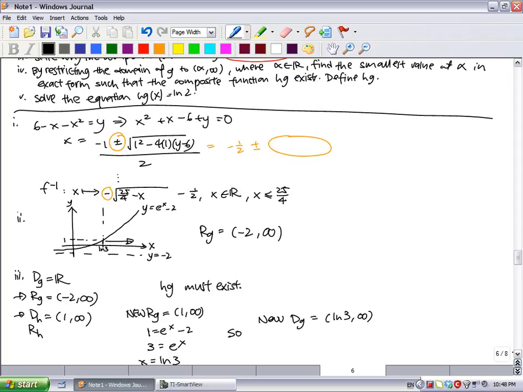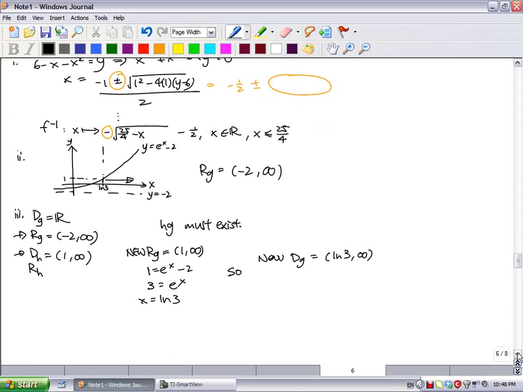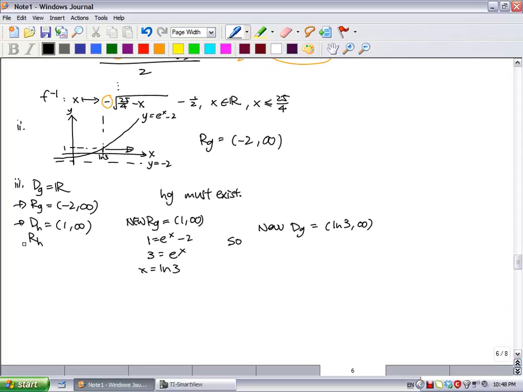So now I have to define hg. hg(x) equals h of g of x.